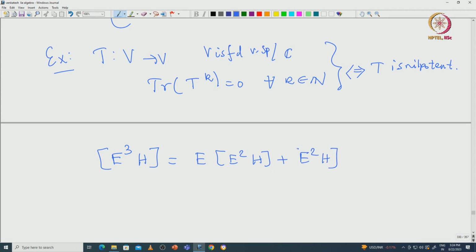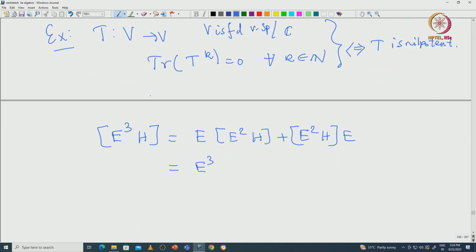Since the bracket of E square and H is 2 E square, this is 2 E cube plus 2 E cube.